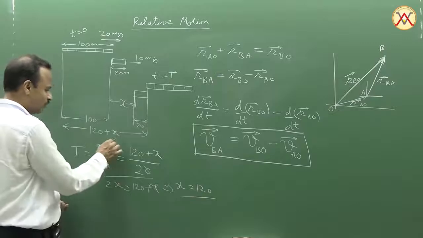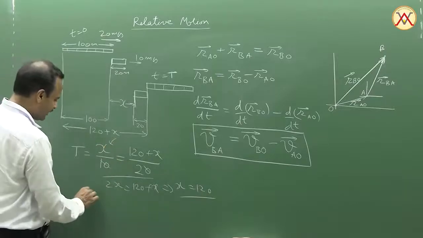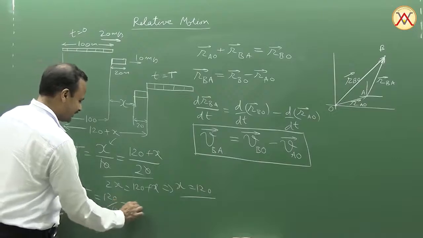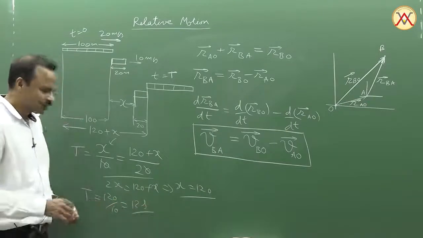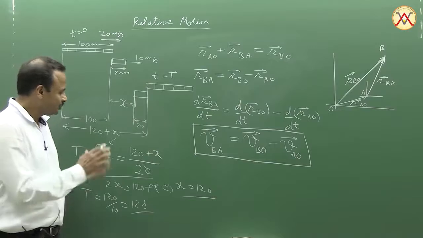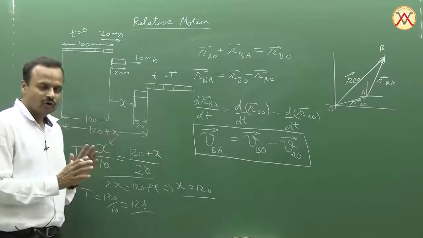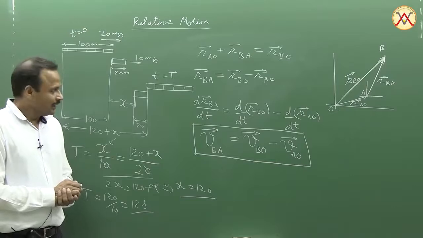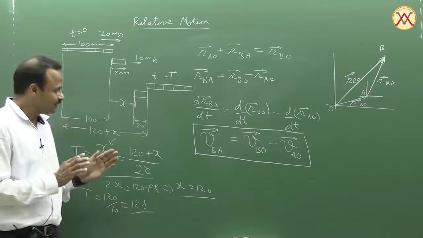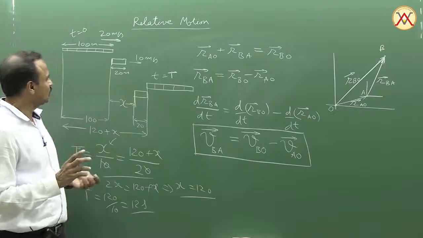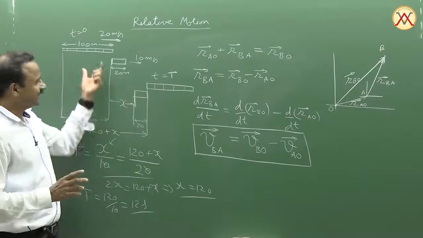And if I put the value of x equal to 120 here, I get t equal to 120 by 10, that is 12 seconds. So, the time of overtake is 12 seconds. This we solved from the point of view of an earth observer. We will now solve the same problem from the point of view of the observer in the train.